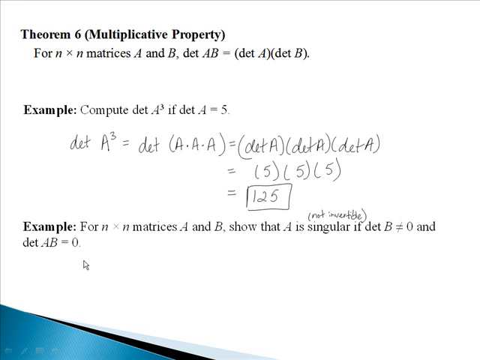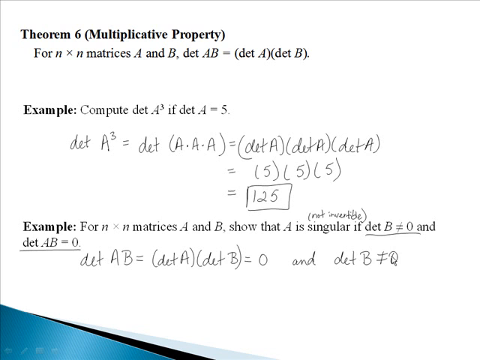So if we have the determinant of AB, by Theorem 6, I know that that's the determinant of A times the determinant of B. And we want to show that A is singular if these two things are true. So I'm saying that this determinant of AB is equal to 0. And then I know that the determinant of B is not 0.